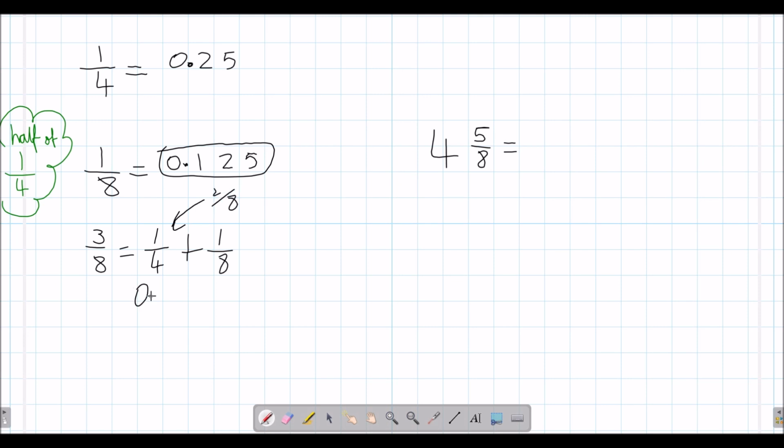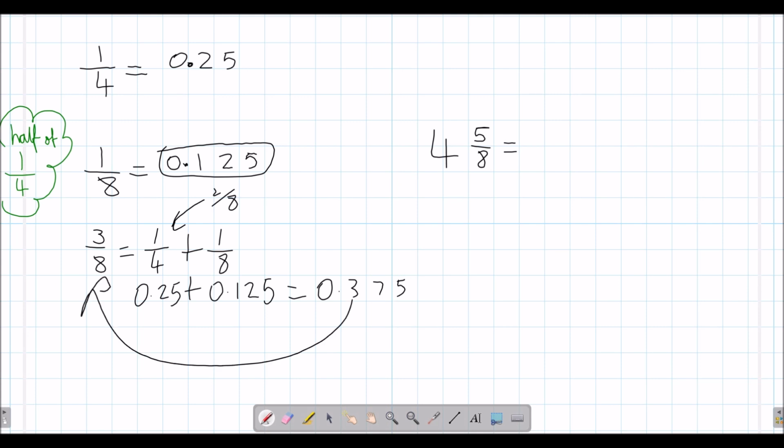A quarter is 0.25, and we would be adding 0.125 to that. And if I do that, then I get 0.375. That is what 3/8 is worth.